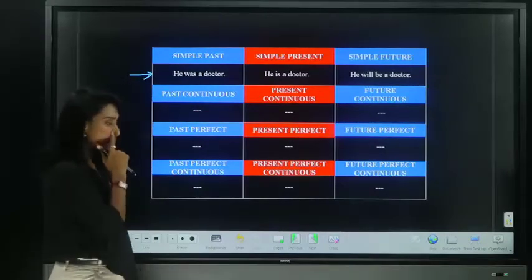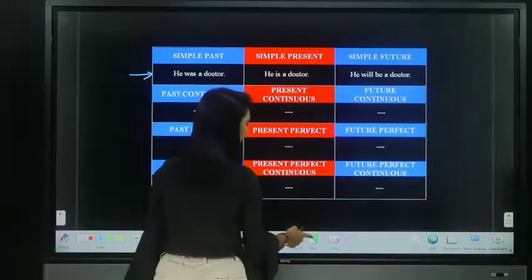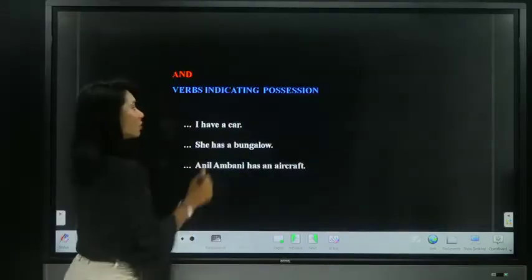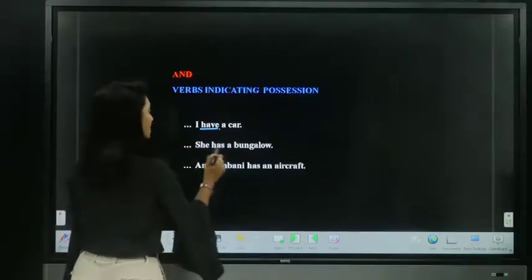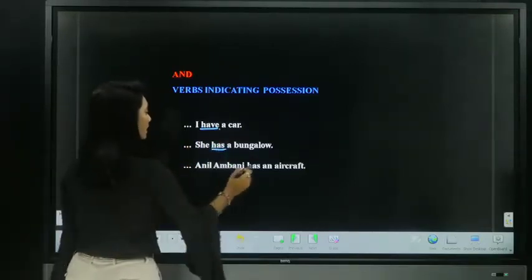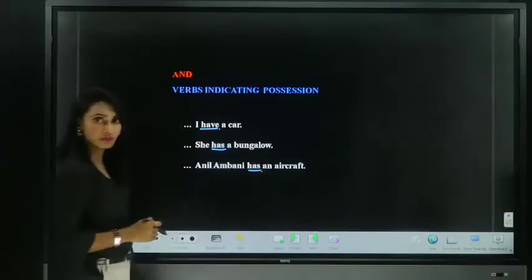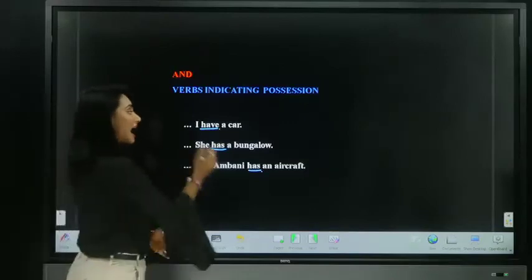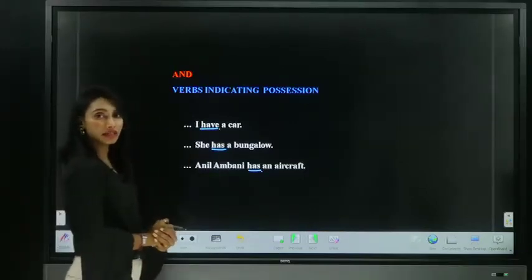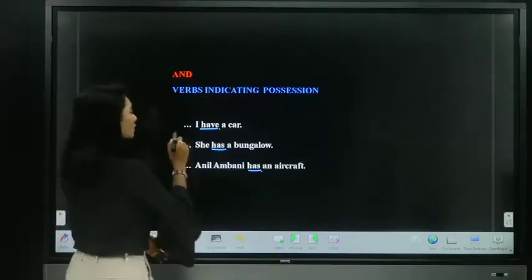Now, what about have forms? Have, has, had are have forms, right? So verbs indicating possession. I have a car. She has a bungalow. Anil Ambani has an aircraft. Now, what about these sentences? I have a car. Can you go with the continuous? What is the continuous for I have a car?